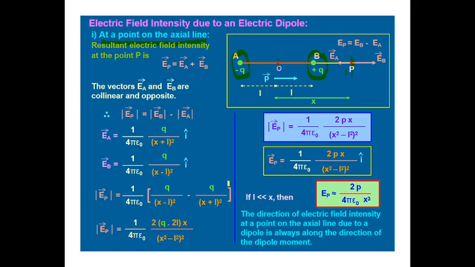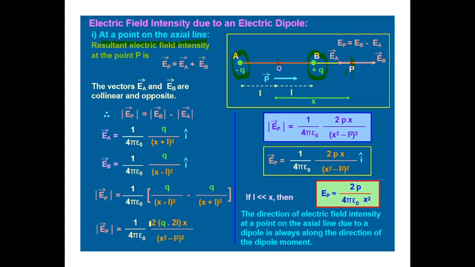After simplification, the electric field at point P on the axis of the dipole equal to 1 divided by 4 pi epsilon naught, 2 times q into 2L into x divided by (x square minus L square) whole square.